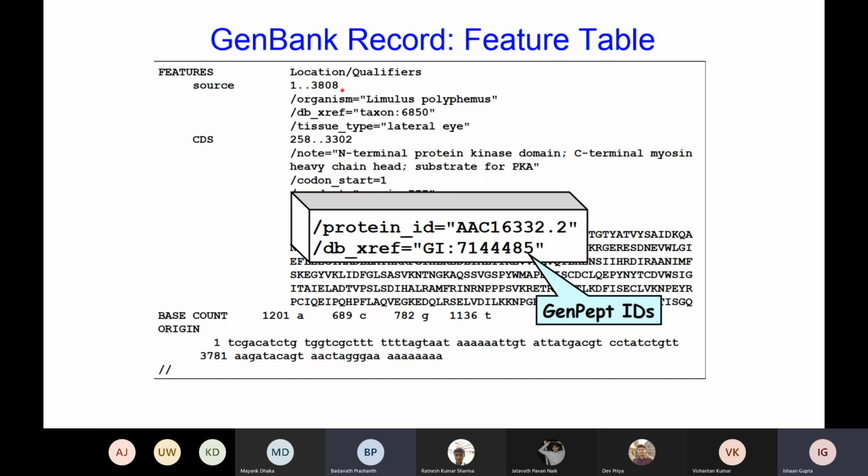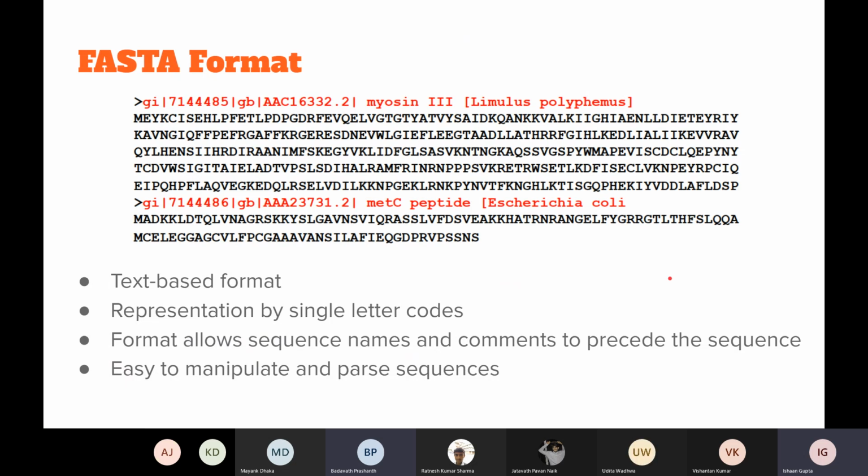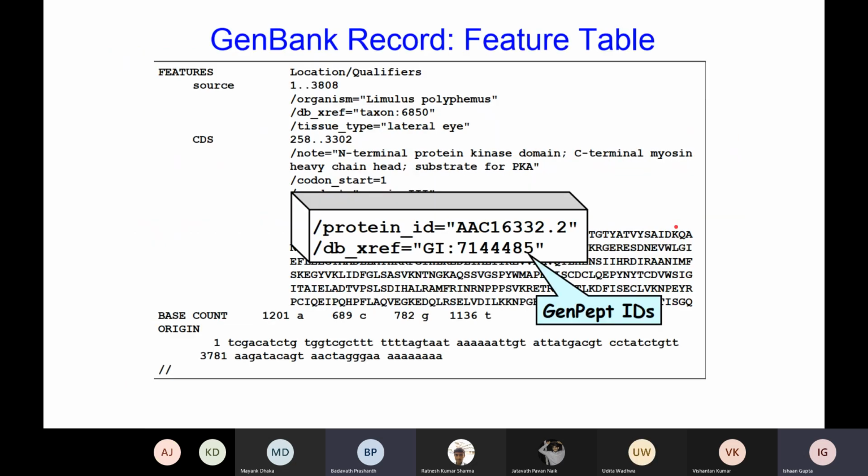Then associated with this record, it also says that this particular mRNA molecule makes this particular protein with its own accession. They can also give you the actual amino acid sequence found below.